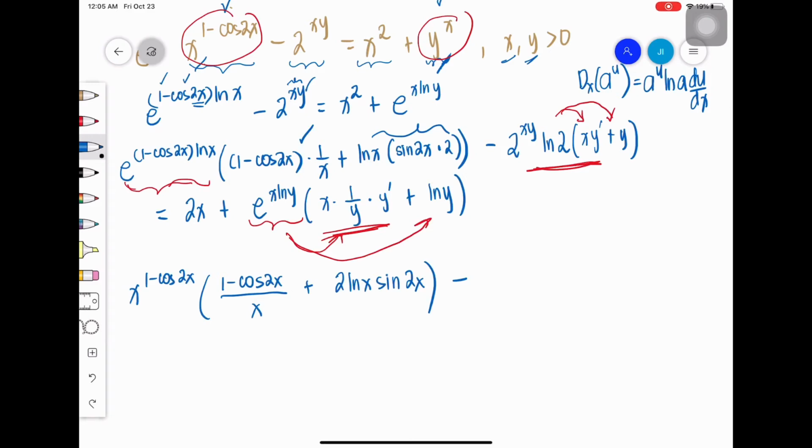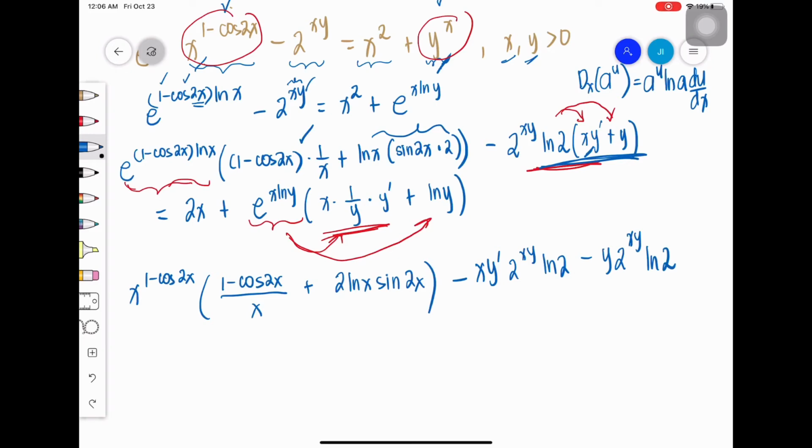So I'll have something like y prime 2 raised to xy ln 2. Tapos may x pa dyan, singit na lang natin somewhere siguro here. Then, for the second term, we'll have negative y 2 to the xy ln 2.